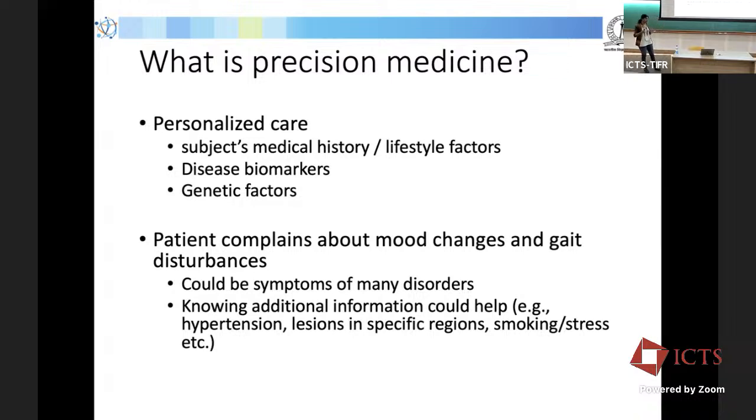And we also know that the person has a habit of smoking and is prone to stress due to work activities. Now we know that probably they are developing early stages of neurodegeneration, or they are having a very severe case of small vessel disease. So these could be very useful and crucial biomarkers that could help us in the right direction for precision medicine. So we know exactly how to treat them.